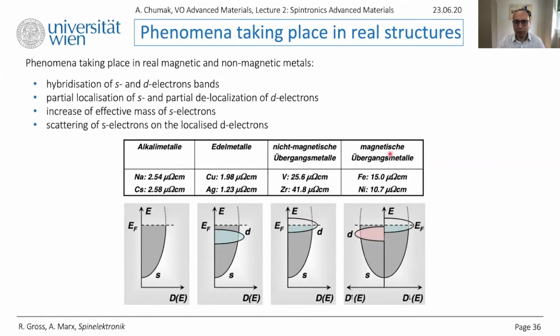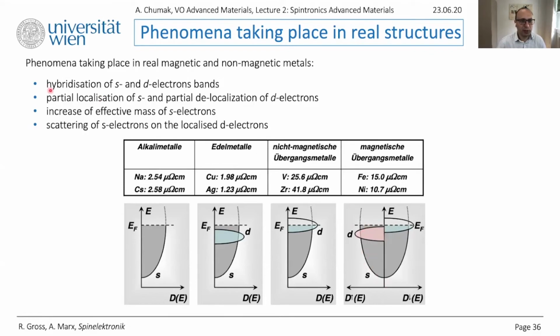And finally, we come to the magnetic 3d metals, where the d band is located at the Fermi level only for one spin polarization. So there is spin down, and this is spin up, and spin up electrons carry current better because they are not scattered on the d electrons. So usually we say the d electrons are localized, s electrons are not localized.